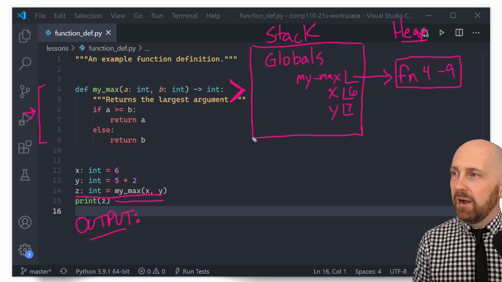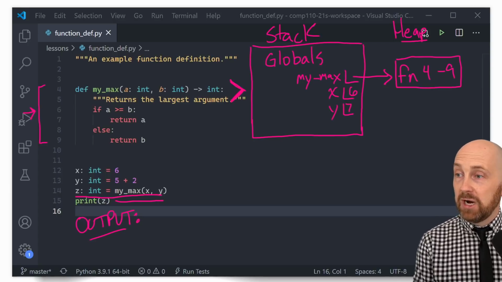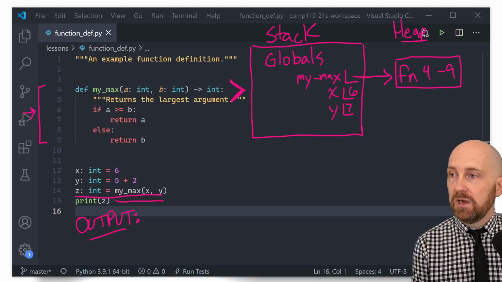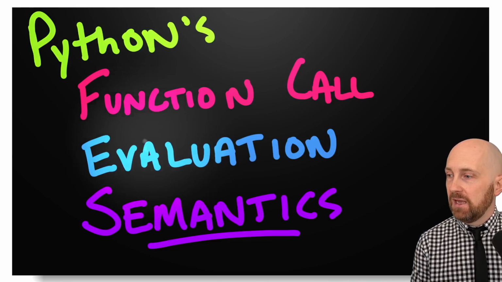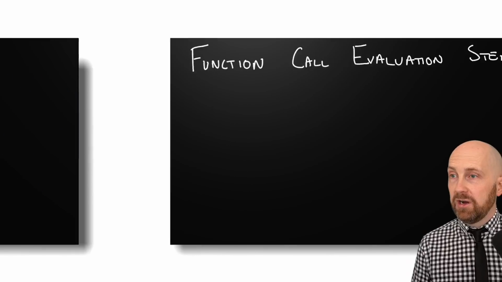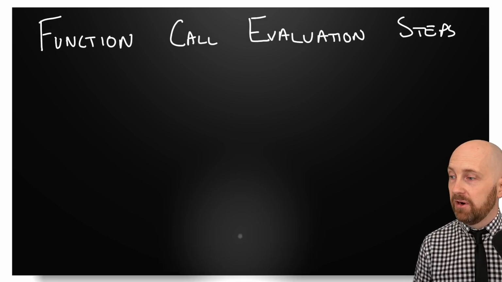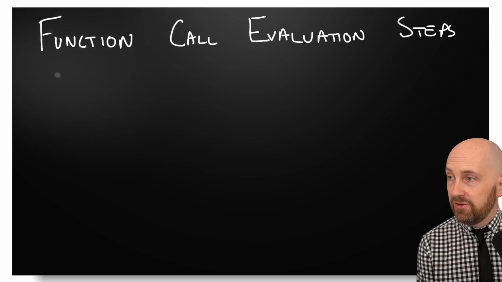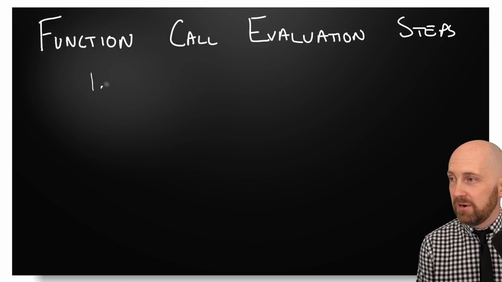All right. So I'm actually going to keep track of these steps in some notes because I think it's worth having these notes such that you can come back to them when you're working on diagrams of other code listings. So the first thing that we're going to do is prepare for a function call. When we encounter a function call, we're going to prepare for it.